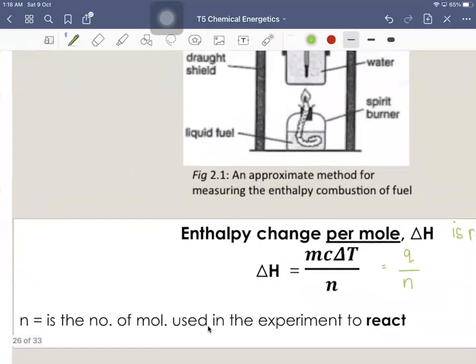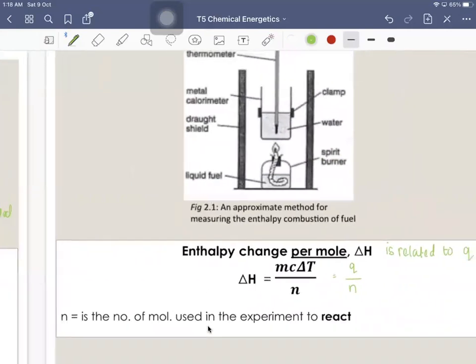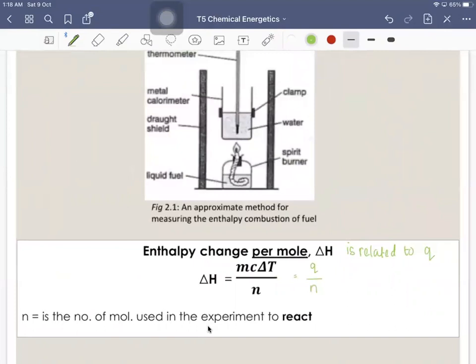Now, this is where it gets confusing for the students sometimes. Number of moles. Are we talking about the number of moles of the water or the number of moles of the ethanol? Since this is combustion, for example, we want to know how many moles of the ethanol is being combusted. So we go back to the definition. Enthalpy change is for combustion.